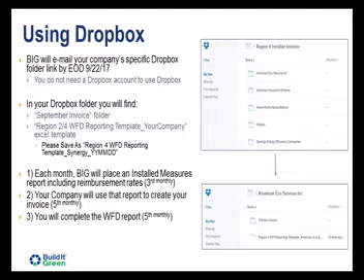So we'll email you your company's specific Dropbox folder link this Friday by the end of the day. Within the invoice folder, you'll see a folder marked with the month title of September.